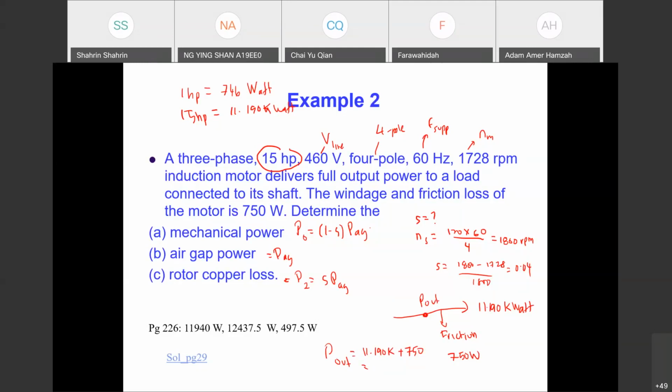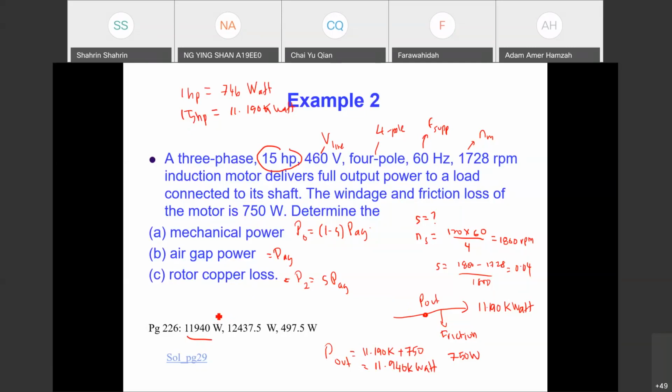So you have 11940. Okay, good. We have obtained this one, 11.94 kilowatt. So this question is not complete. It should give you the horsepower equivalent. So we have completed this one.